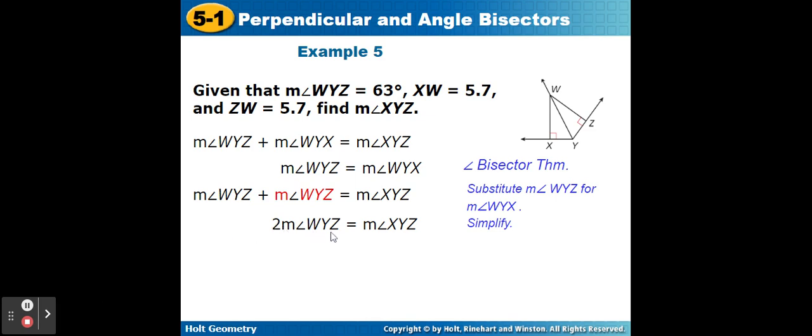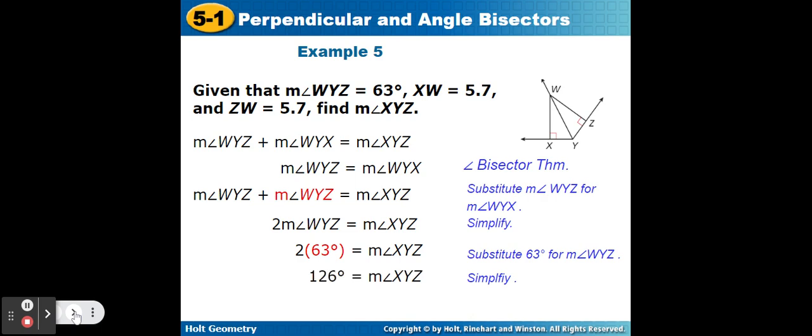Instead of saying 2 times the measure of WYZ equals the measure of XYZ, remember that half angle bisector theorem would be saying that half the measure of XYZ is equal to the measure of WYZ. I am going to get the same answer either way. After substituting 63, I will get that 126 is the measure of angle XYZ.